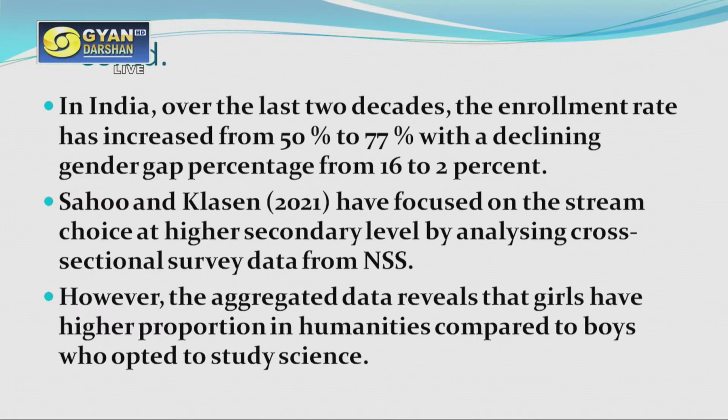They focused on the stream choice at higher secondary level by analyzing cross-sectional survey data from NSS. The aggregated data reveals that girls have a higher proportion in humanities compared to boys, who opted to study science disciplines. So there is also a stream choice you could see at the secondary level.